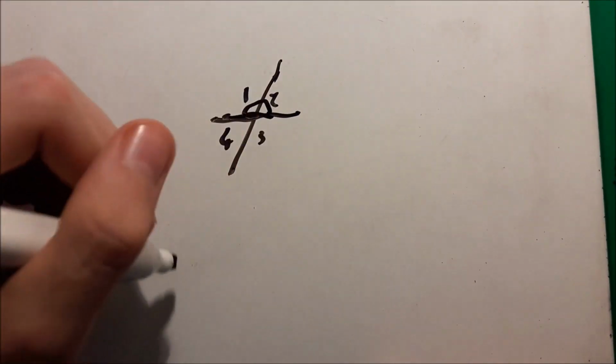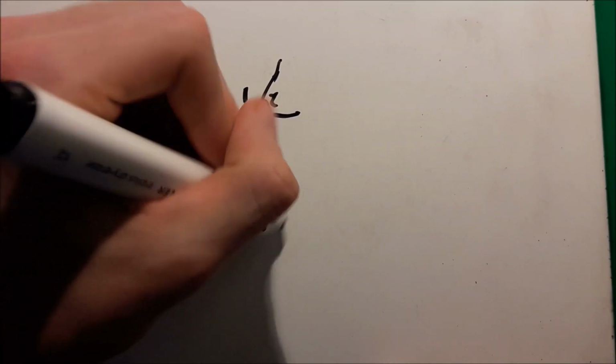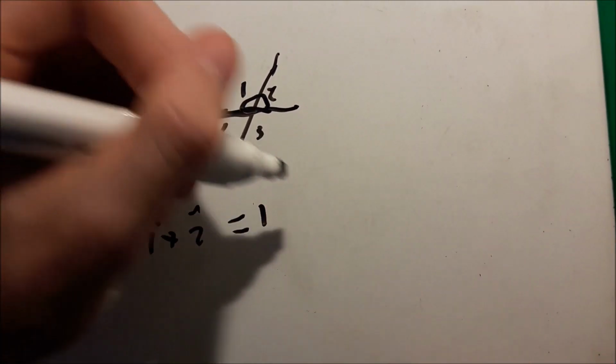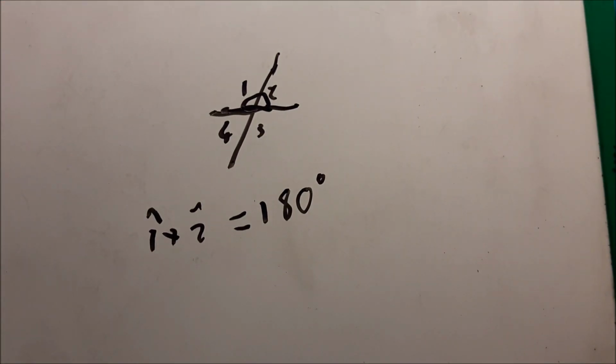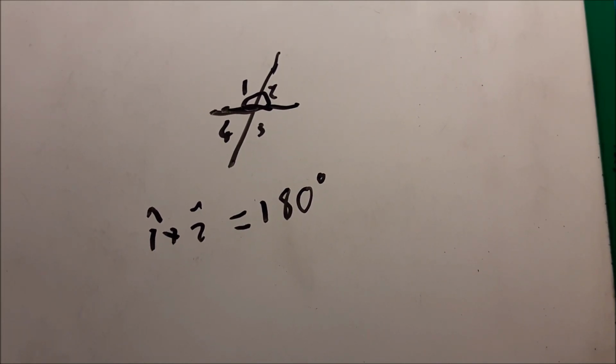So for angles on a straight line, 1 plus 2 is equal to 180 degrees. We can tell that because it's a straight line. Angles on a straight line add up to 180 degrees.